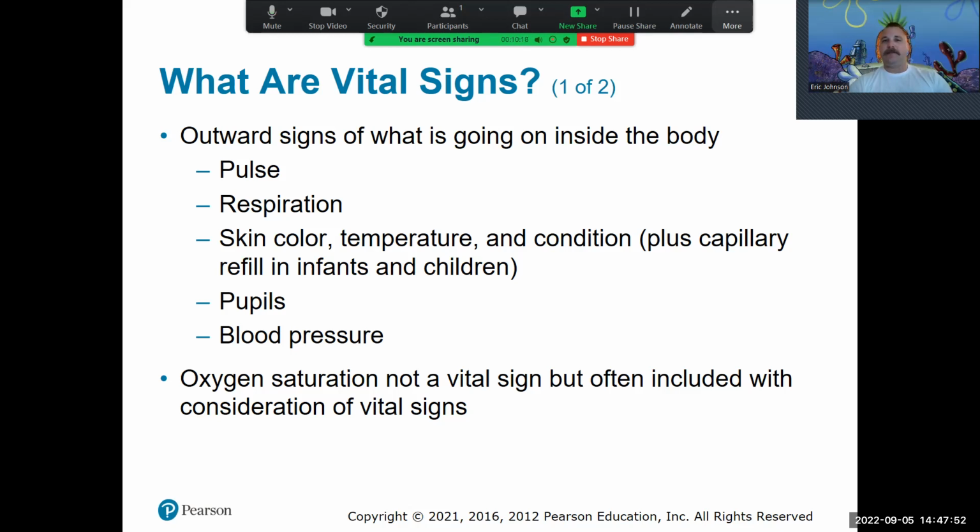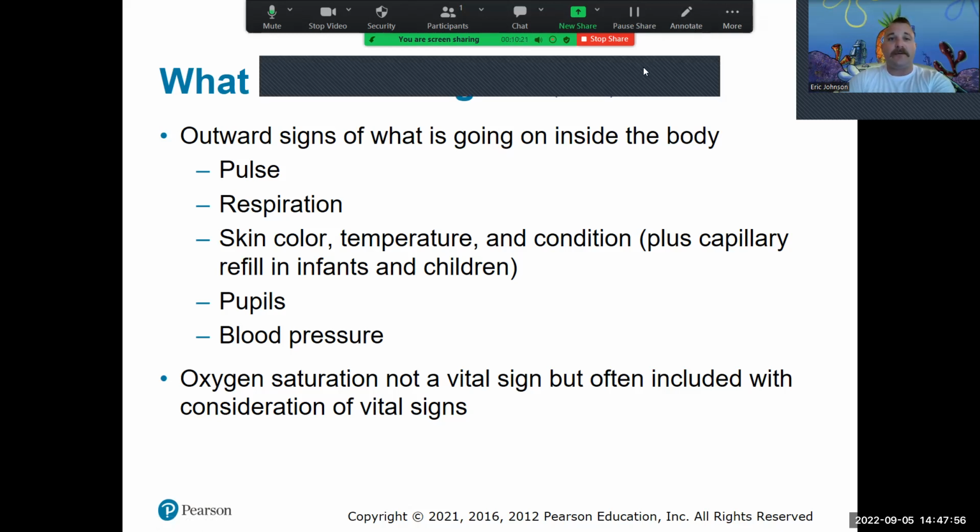Now, it's a little bit difficult right now for you guys to see, so what I would like to do is use a tool here. This right here, blood pressure, very important. Pulse, obviously very important, and respiration.